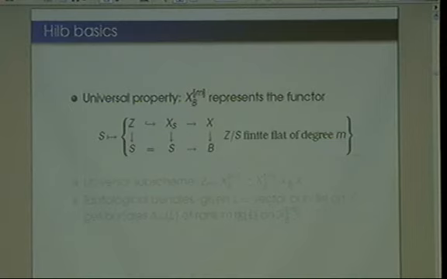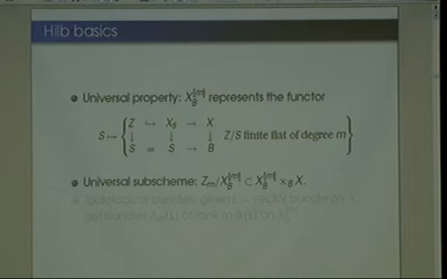And it has the standard universal property that it represents, for every scheme S, the set of all diagrams where you have a base change of the given family over this S and a subscheme of the base change relative curve.